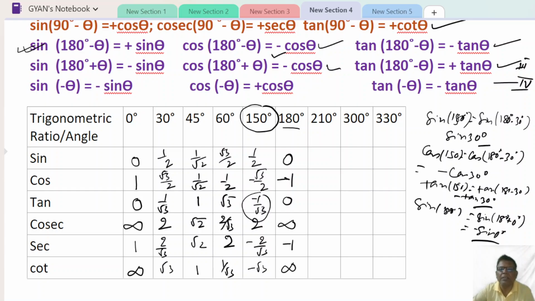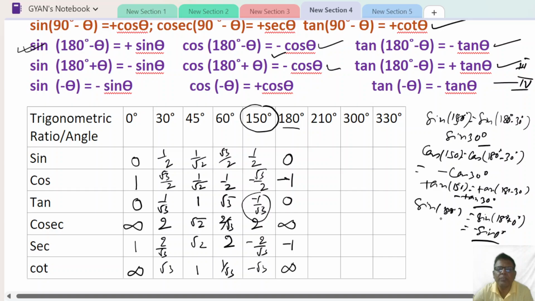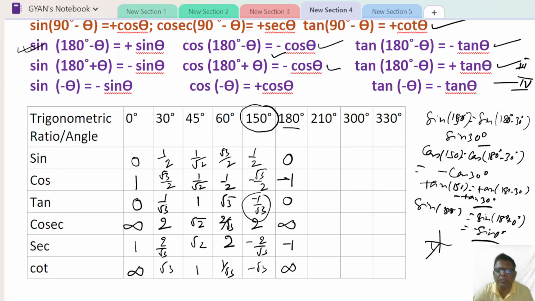Now 210 degree. 210 degree is in which quadrant? It is in the third quadrant, that is 180 plus 30 degree. So sine 180 degree plus 30 degree, you can write sine 210, that is equal to minus sine 30 degree.